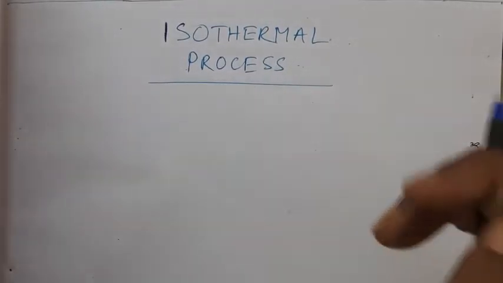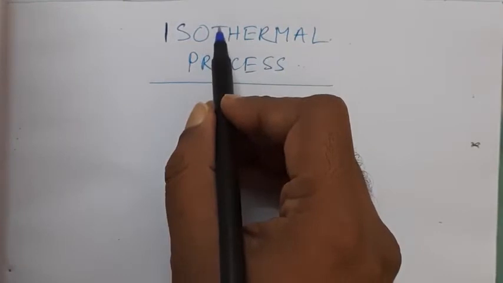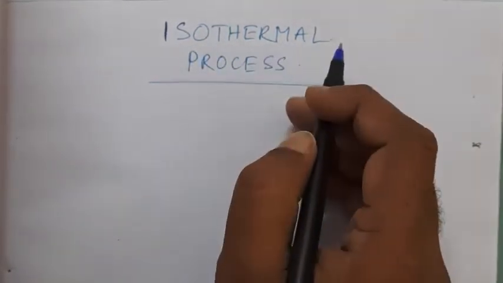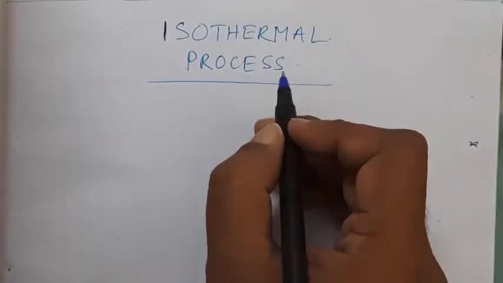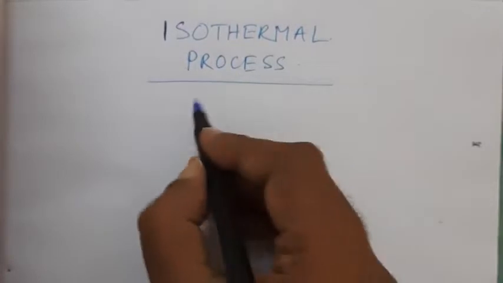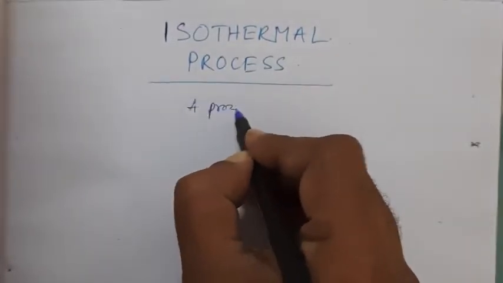So first, we are going to deal with the isothermal process. As the word isotherm means constant temperature, it is a process in which the temperature of a system remains constant.